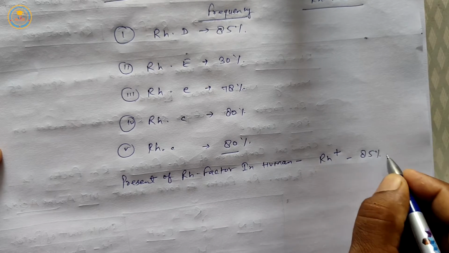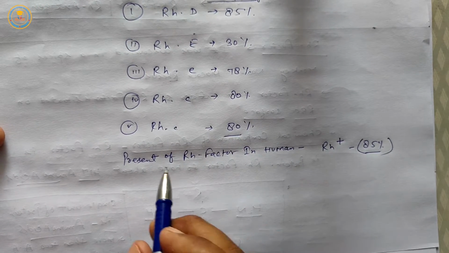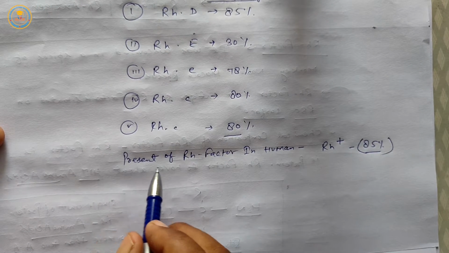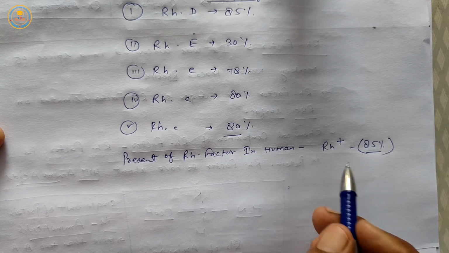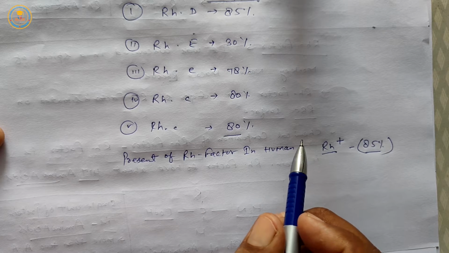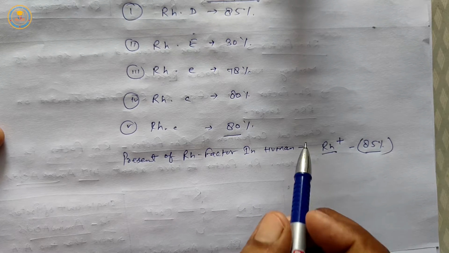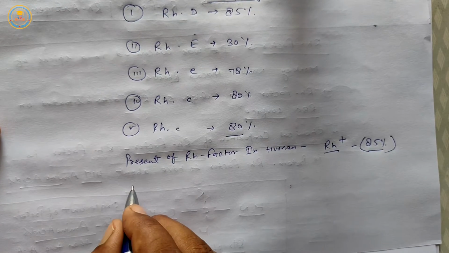Approximately 85% of the world population is Rh positive.